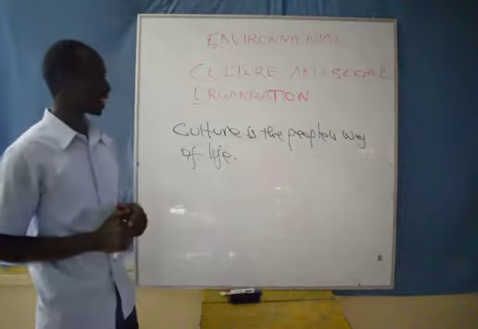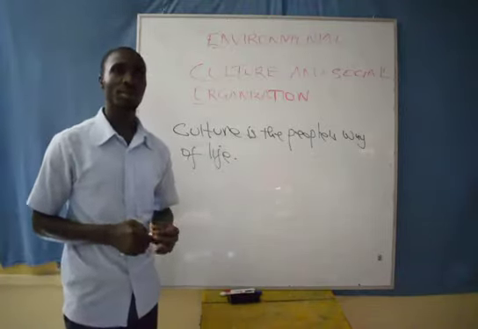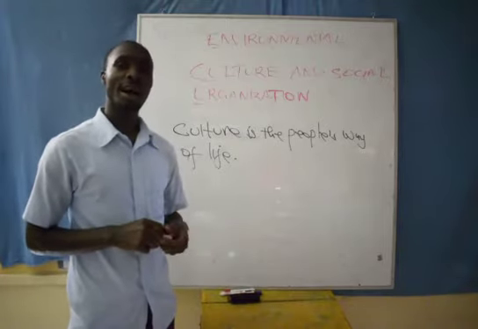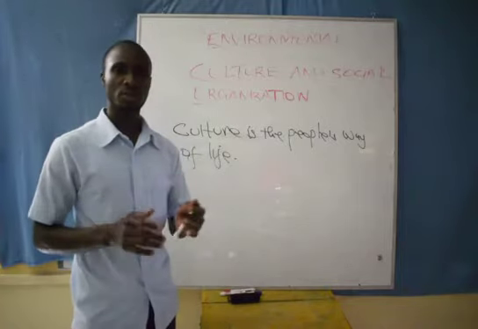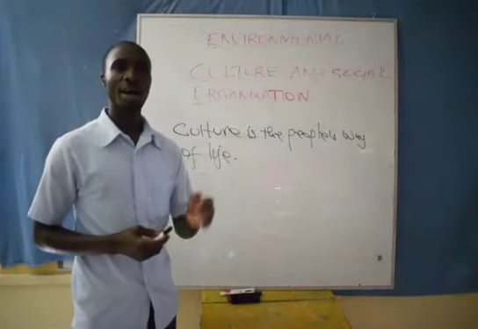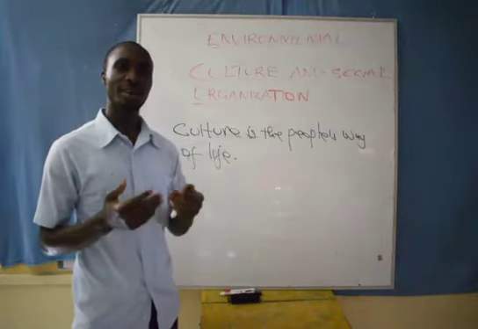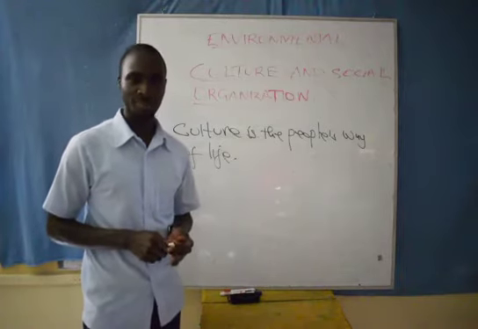And just as the definition explains, different communities that lived or that live in Kenya have or had different practices that they used to do. For example, we have some communities in Kenya that still practice traditional methods of dressing.